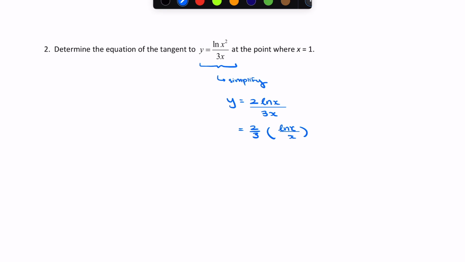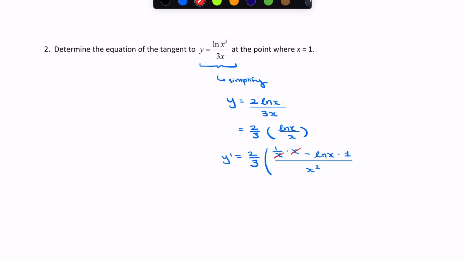And so let's find the derivative there. So y prime is equal to 2 over 3, and now we're going to use the quotient rule. So in the quotient rule, we are going to derive the top first, which is 1 over x, times x, minus the top just stays the same, times the derivative of the bottom, the derivative of x, which is 1, over the bottom squared, so x squared.